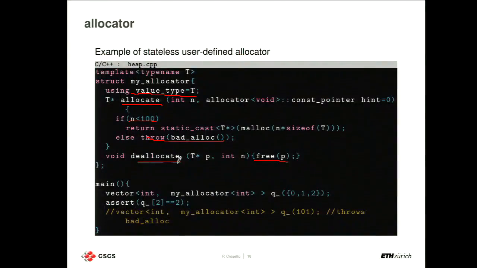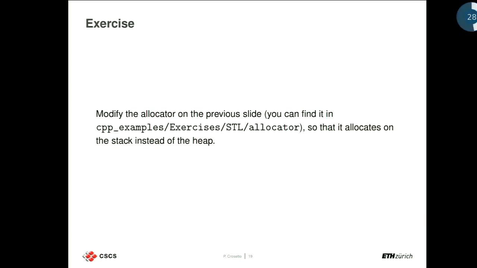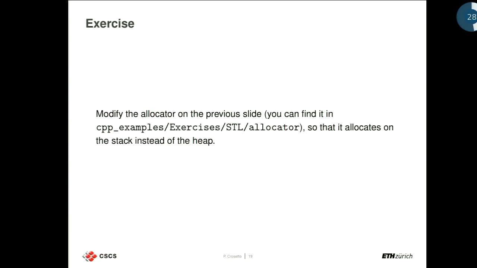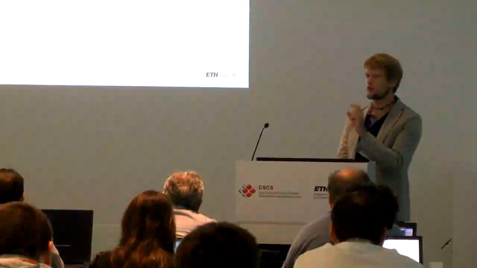Now the question, as an exercise, is how you would modify this allocator, which allocates on the heap, to make it allocate on the stack instead. Let's say we fix the size of what we want to allocate to 100.